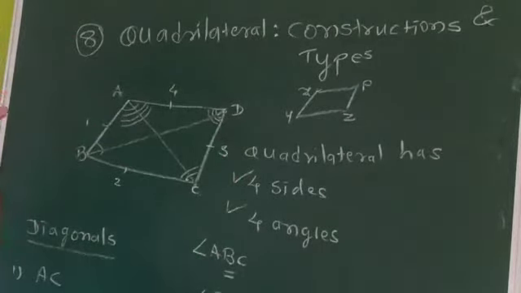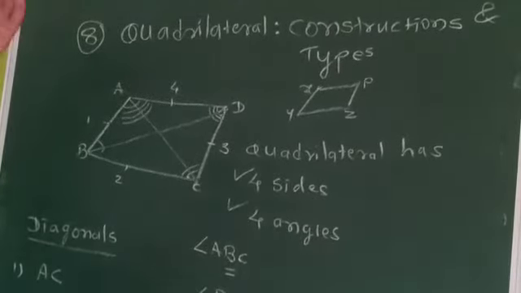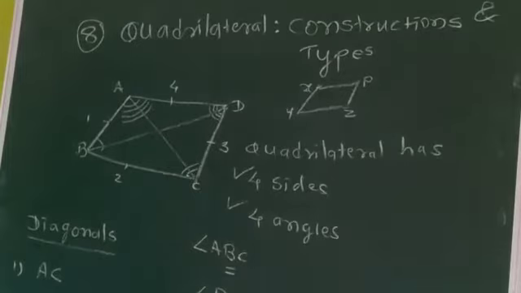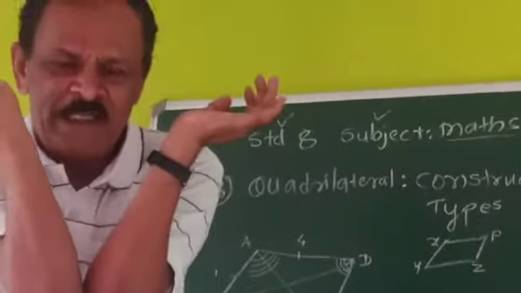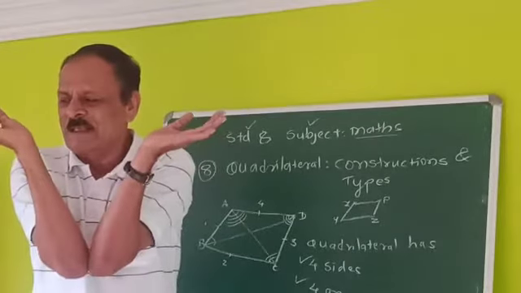4 angles. An angle can be named by one alphabet, or it can be named by 3 also. Suppose I have taken this angle. My elbow shows the vertex here, and these are the 2 sides.